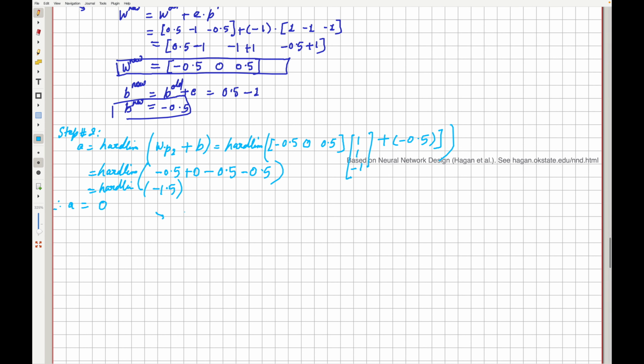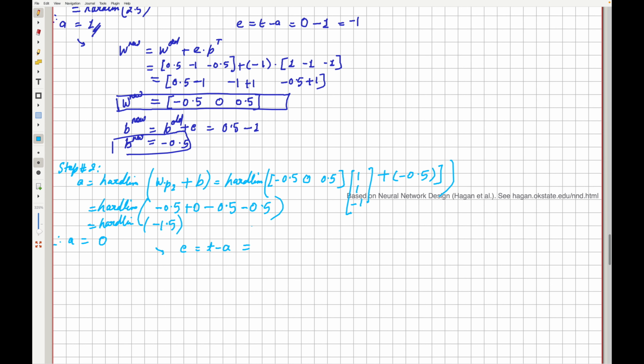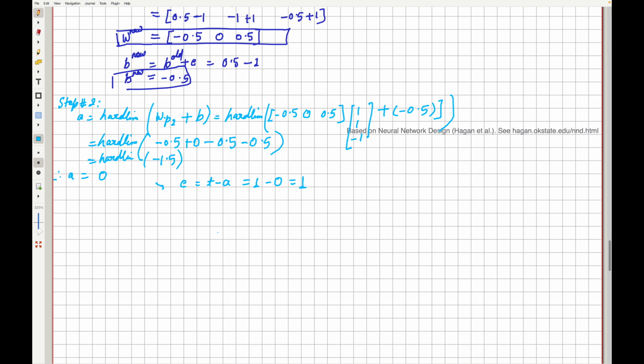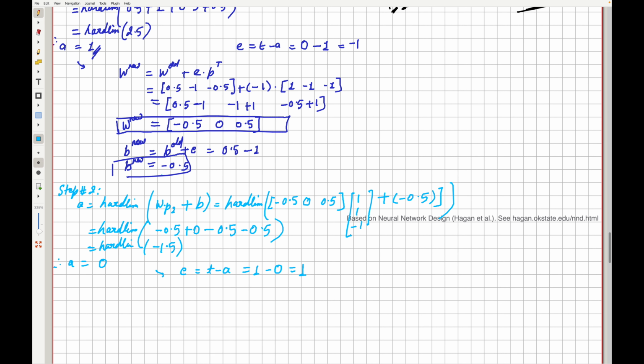So we look at the error, e is equal to t minus a. The target class for that data point is 1, but what we get is 0, and so the error is 1 plus 1, and we use that to update the value for w.